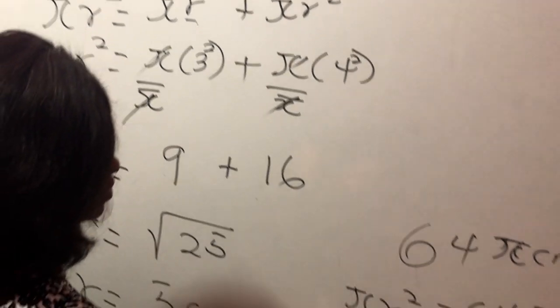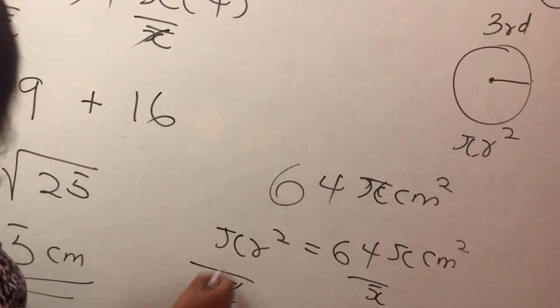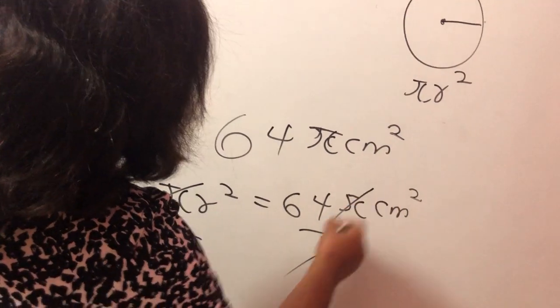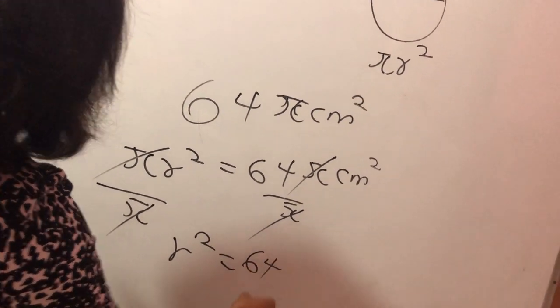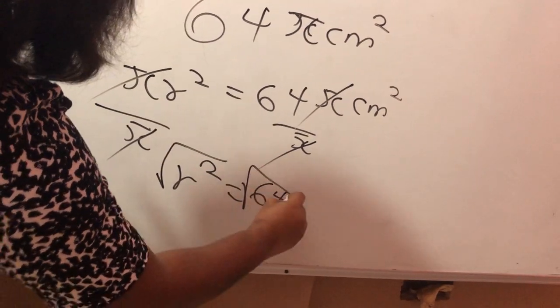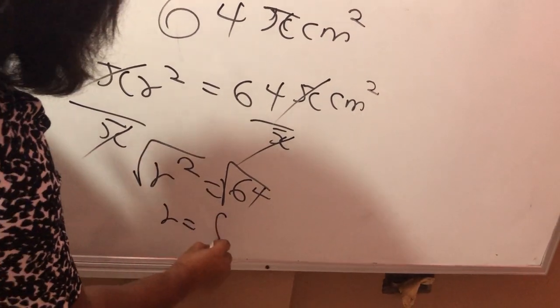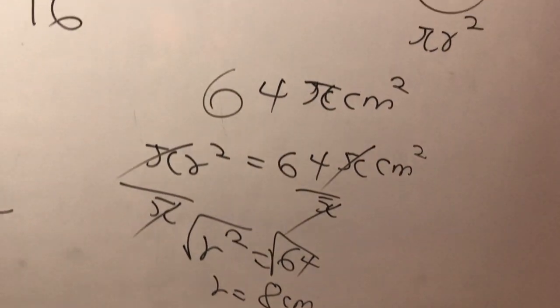So pi cancels pi, and we are left with what? R squared is equal to what? 64. You know what to do here, right? Square root, R is equal to what? 8 centimeters. It is so easy.